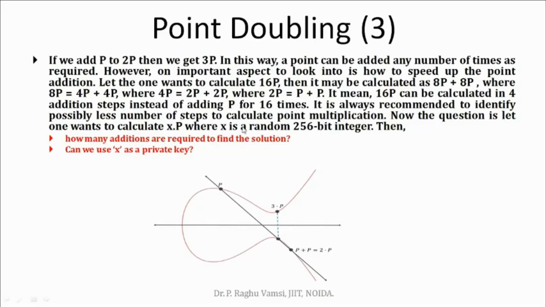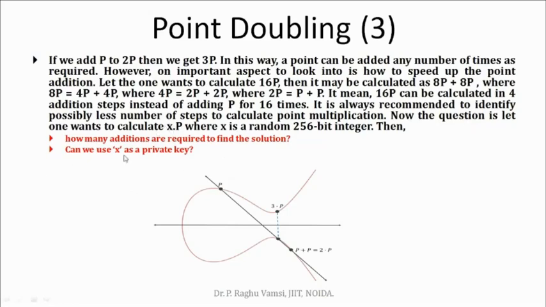From that you are picking a random number and multiplying with P. Here 16P is nothing but you are multiplying with P. That means 16P is divided into 8P, 8P. That is a way of calculation. So if I get the resultant value and give it to you, can you get this x value? It's a very difficult task. So that is the reason.